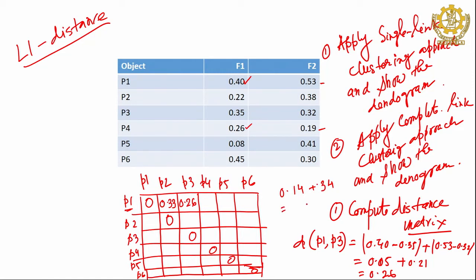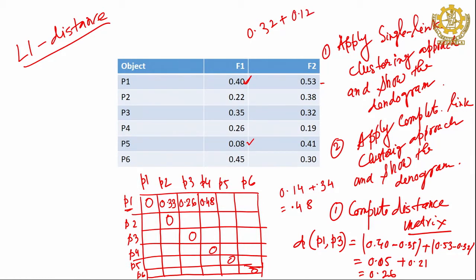So, if you add it, this will be 0.48. Then P1 P5. This will be 0.32 plus 0.12, right.